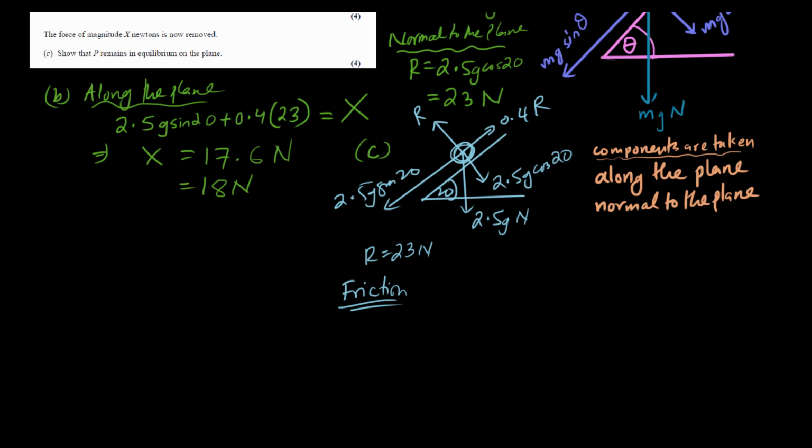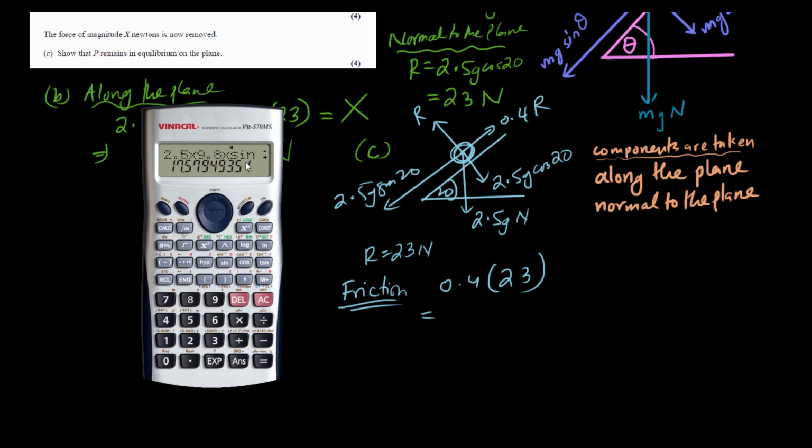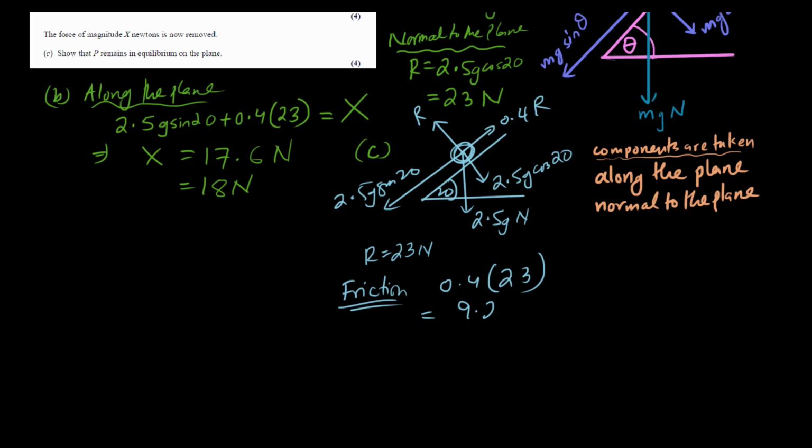So friction is mu R, 0.4 into 23, and this is 9.2 Newton. So 9.2 Newton is the force that is being pulled upwards.